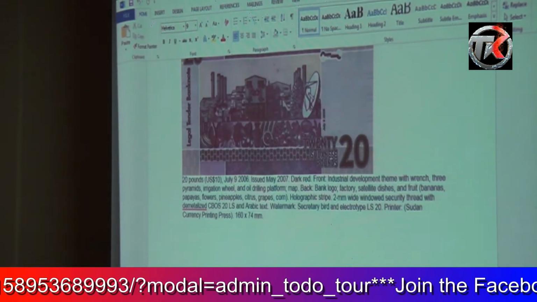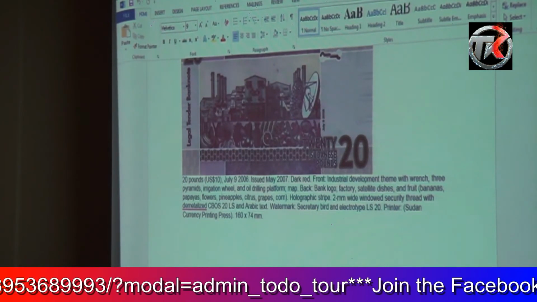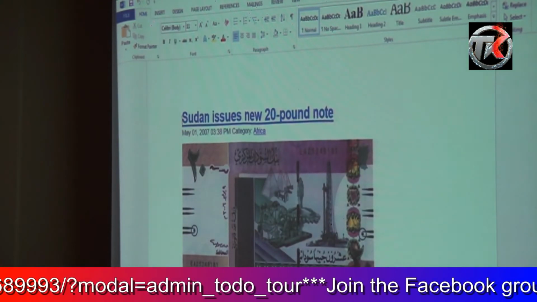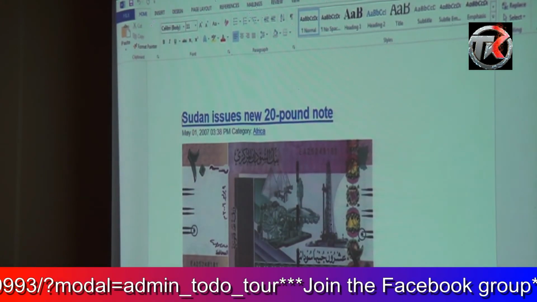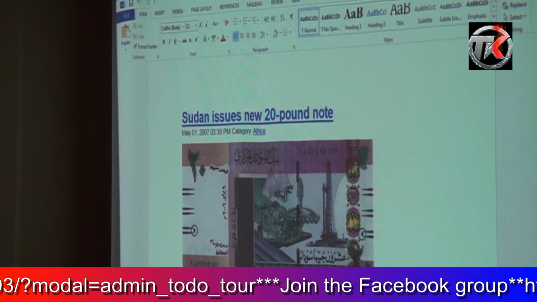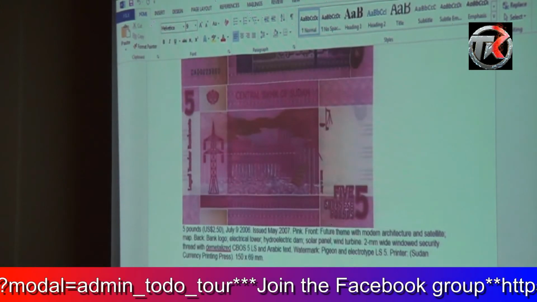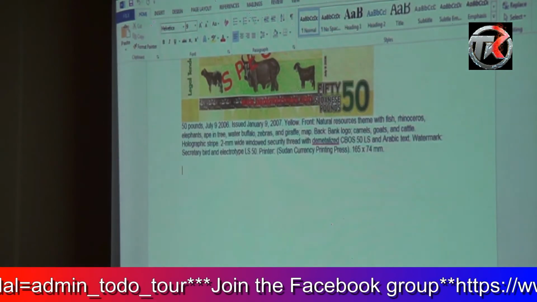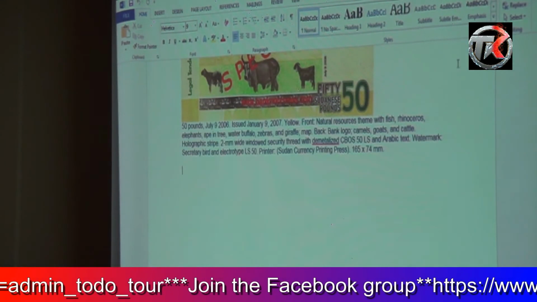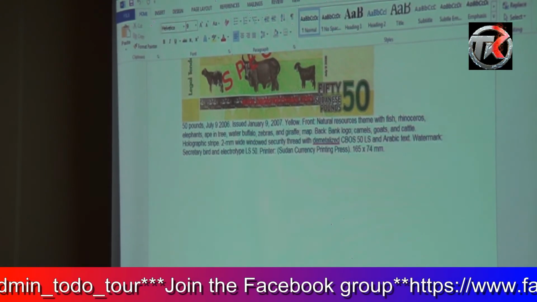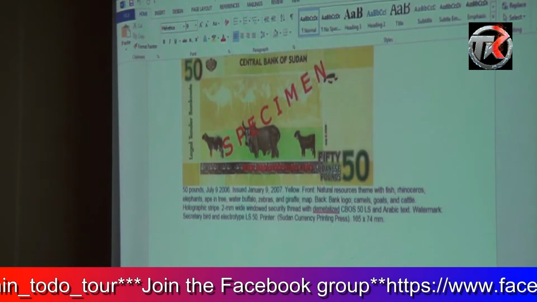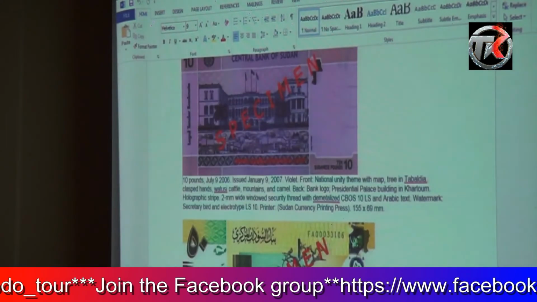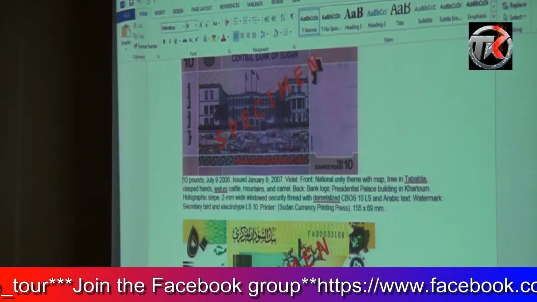This was 20 Sudanese pound. This is also Sudanese, 20 pound. This is 5. I'm just showing a few of it.